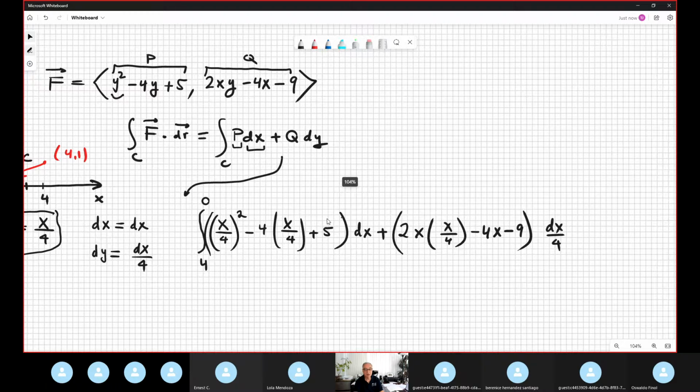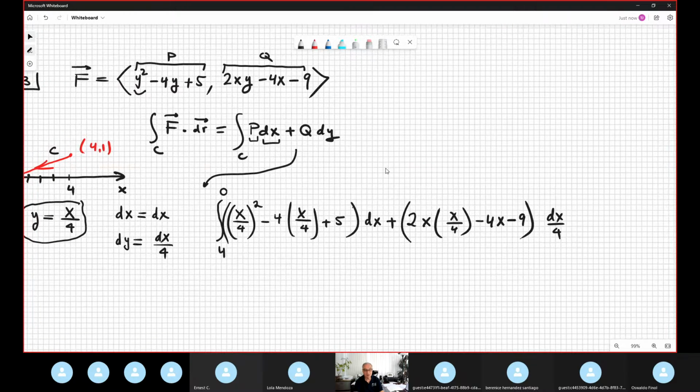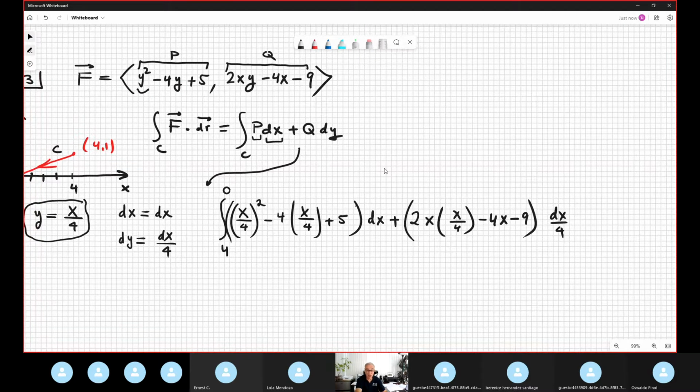At least I set up this integral. The rest is algebra. I don't want to do it, but it's not important. It's intermediate algebra, calculus 1. And you evaluate that, with the integration and evaluation, and the answer is 1. Answer 1, wow. Answer 1. Unbelievable.